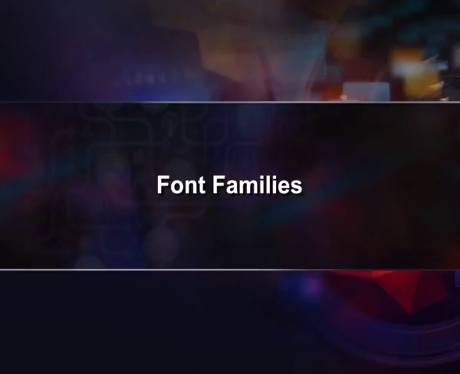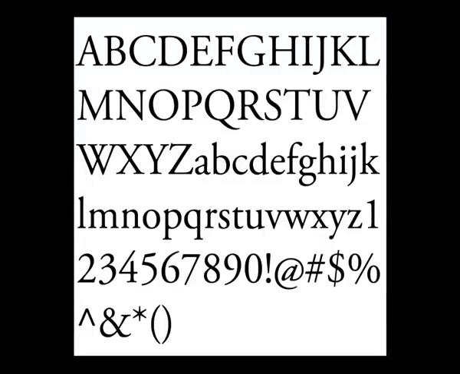Font families. A font is a complete set of characters, letters, numbers and symbols that share a common weight, width and style, such as 10-point Adobe Garamond bold. Typefaces, often called type families or font families, are collections of fonts that share an overall appearance and are designed to be used together, such as Adobe Garamond.